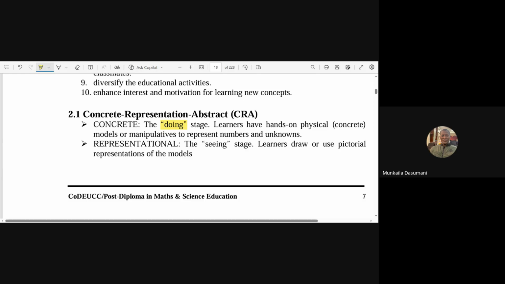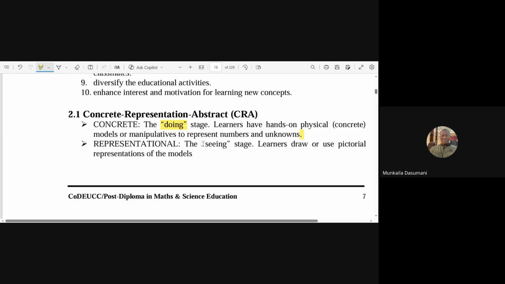I'm adding 1 plus 1, you're using your hand to do. So when you are doing something, you're using your hand. You are adding 3 cars together to get 4, so you're doing it with your hands. So learners have hands-on physical experience. That becomes the doing stage. That's actually the concrete. So you use your hand on physical materials and then models or manipulatives to represent numbers and unknowns. And then the next one is representational.